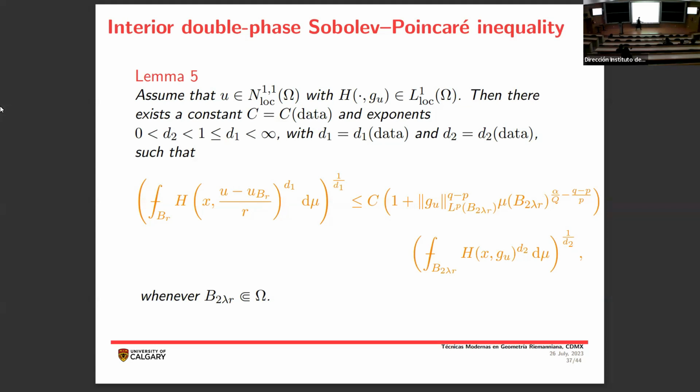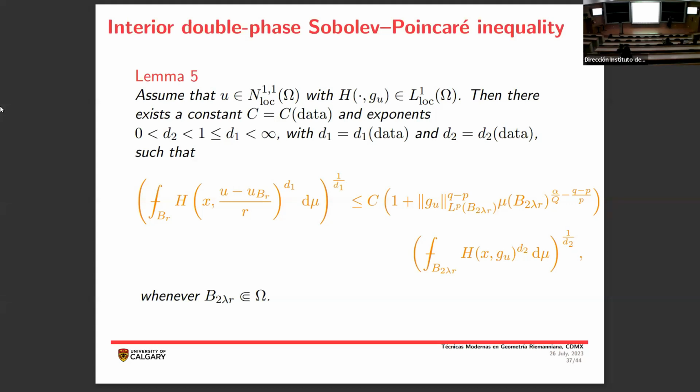But now that we are working with this, the integral of g_u^p plus a(x) g_u^q d mu, we cannot get rid of this coefficient because it can be zero now.